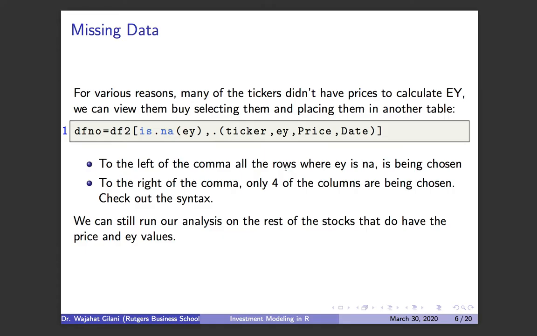Now, for various reasons, we're going to have missing data, okay? In fact, there are many tickers for which we couldn't calculate the EY values, right? And we can basically filter them out. There are a couple different ways we can do it.